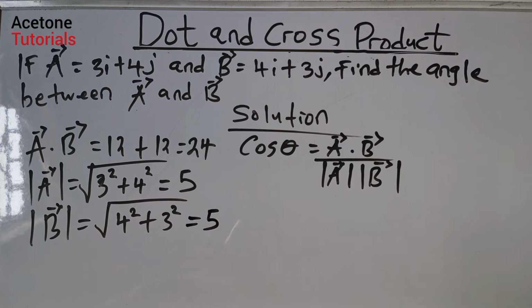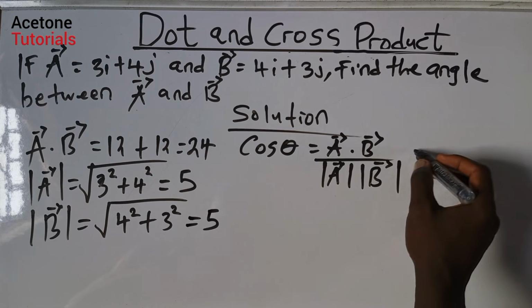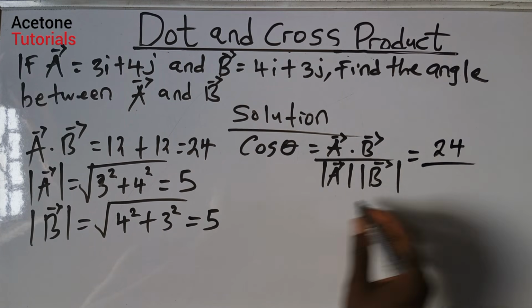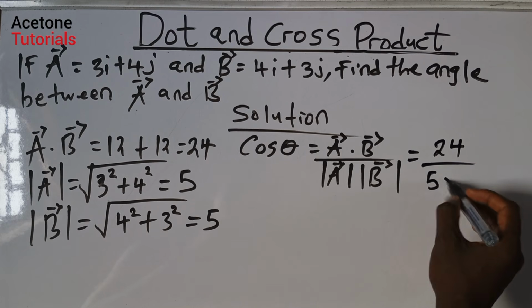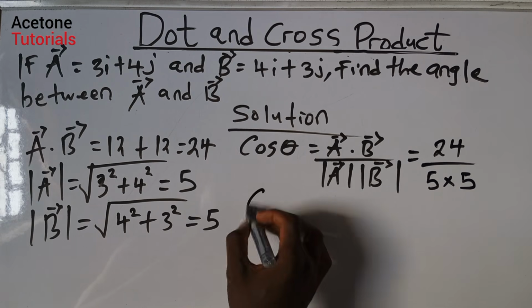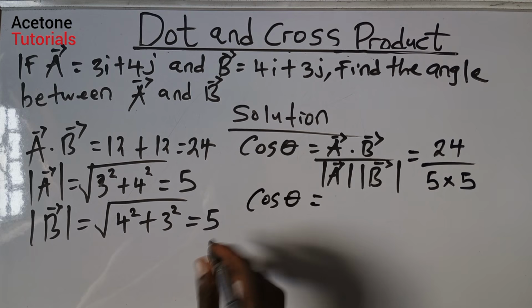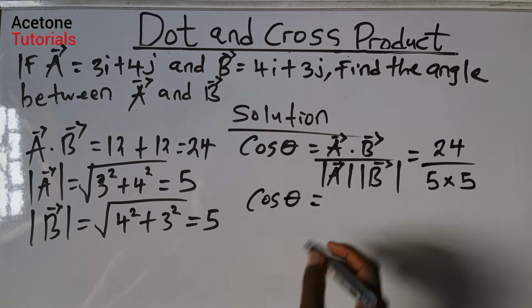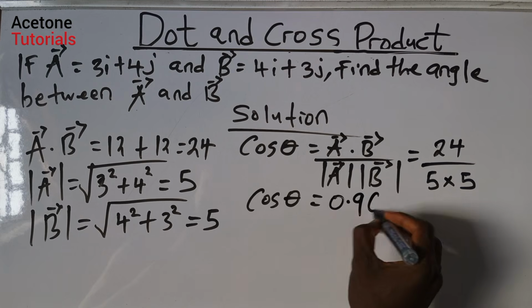So it means cos theta is equal to A dot B over the product of the magnitudes, which is 24 over 5 times 5. Cos theta is equal to 24 divided by 25, which is equal to 0.96.